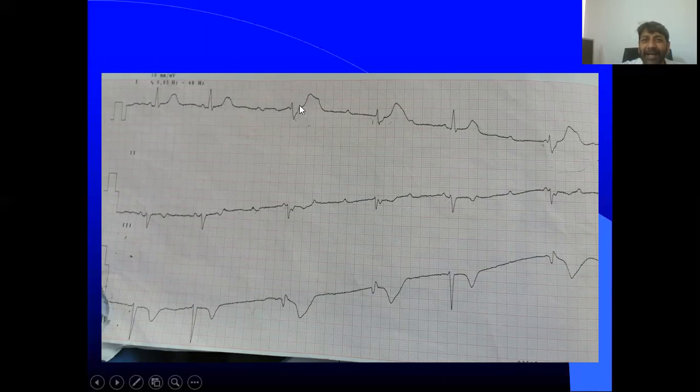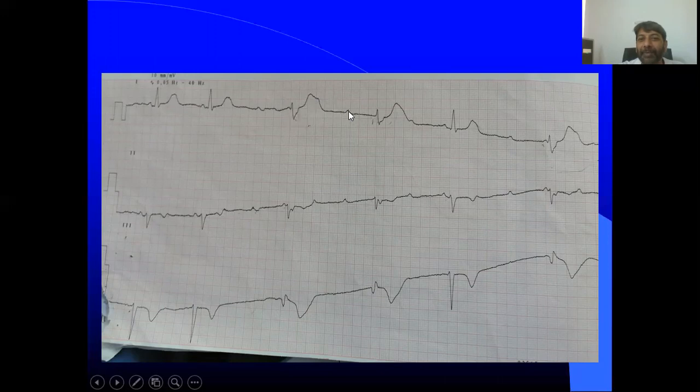Then again, after the third QRS, the distal part of the T is showing another hump. This is again P. After that first broad QRS, this is also P, because if you just follow the P, you will find that this is also P.